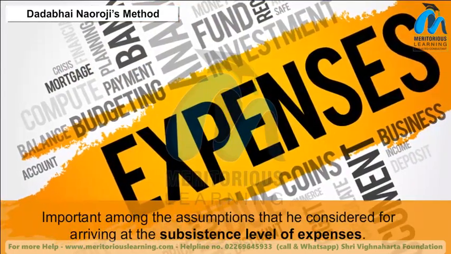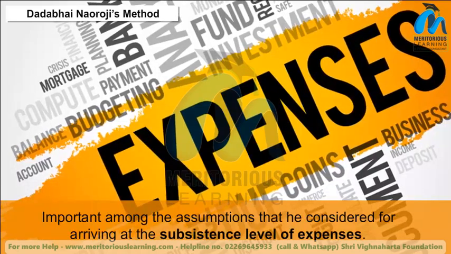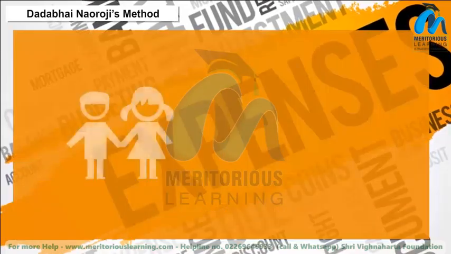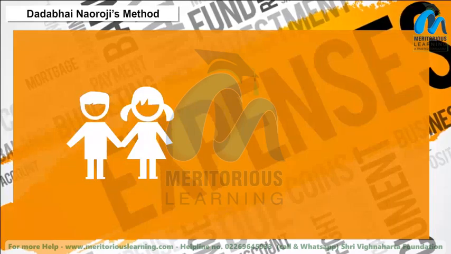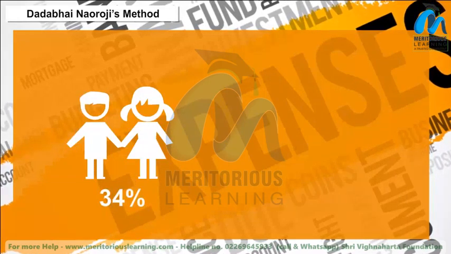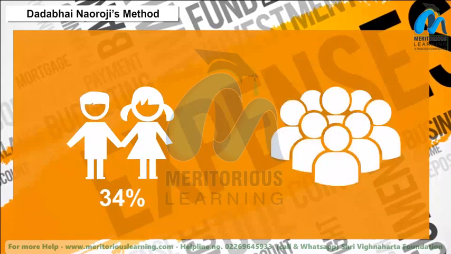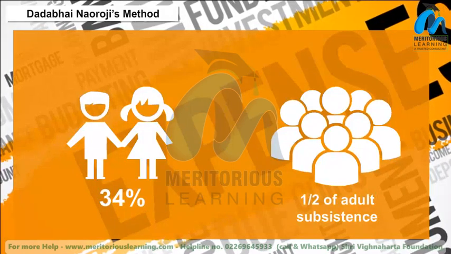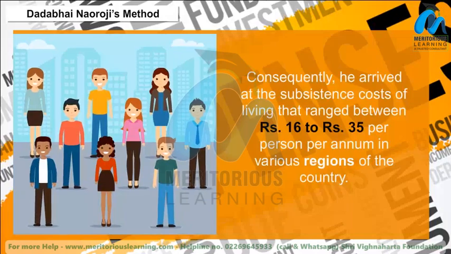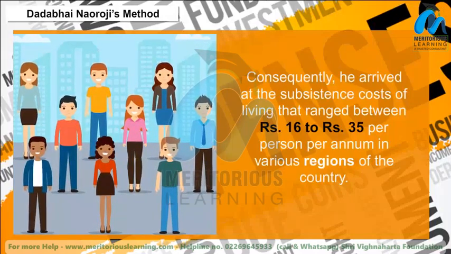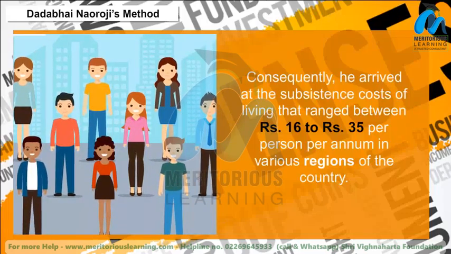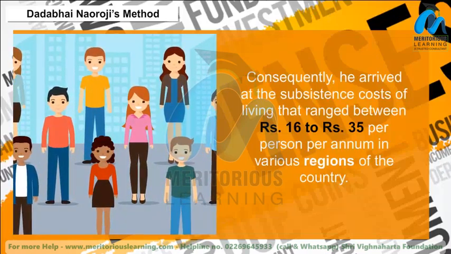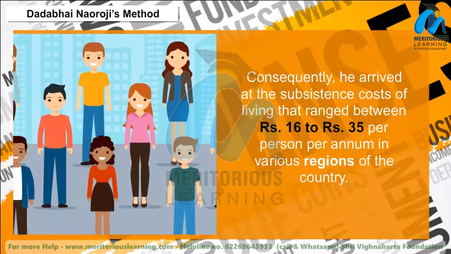Important among the assumptions he considered for arriving at the subsistence level of expenses was that the children population, about 34%, did not cost anything, and the remaining half cost one half of the adult subsistence requirements. Consequently, he arrived at a subsistence cost of living that ranged between 16 rupees and 35 rupees per person per annum in various regions of the country.